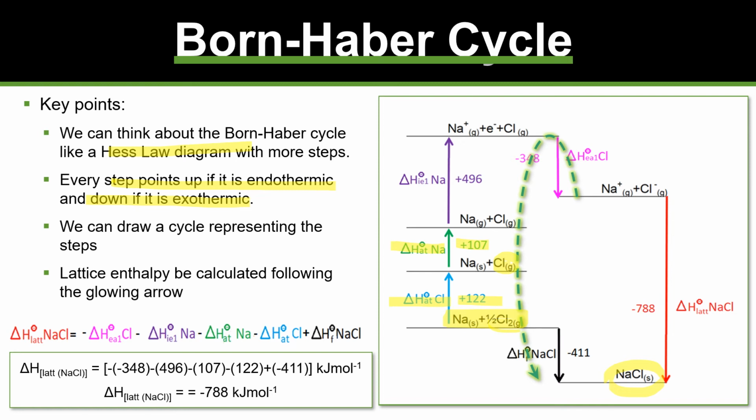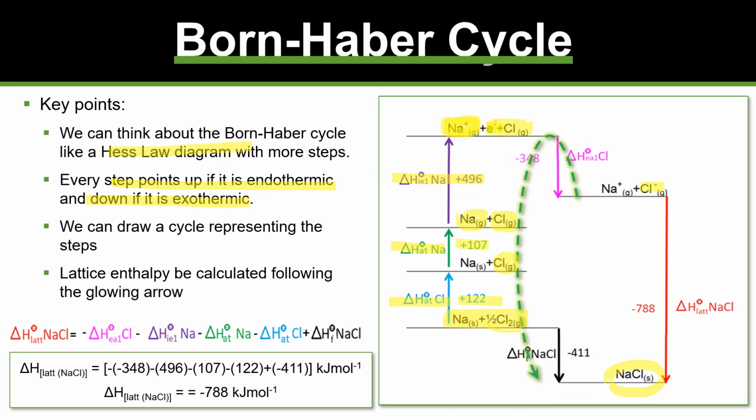So after the second step, we have the sodium in the gas state and the chlorine in the gas state, both as atoms. Then we need to apply the first ionization energy of sodium. So the sodium is going to release 1 electron, and that forms the sodium plus ion. And the next step is this electron getting together with the chlorine to form the chloride ion.